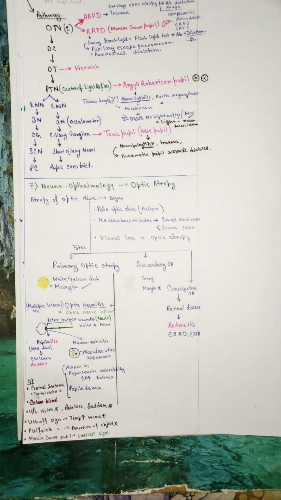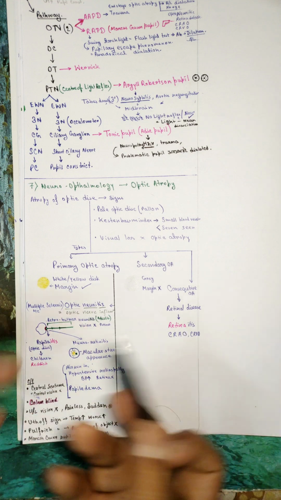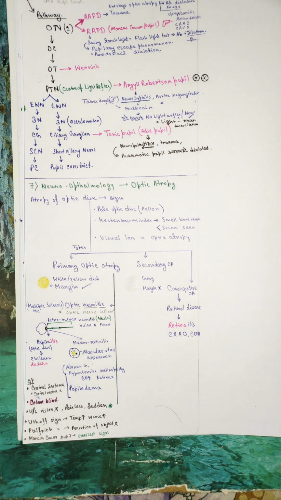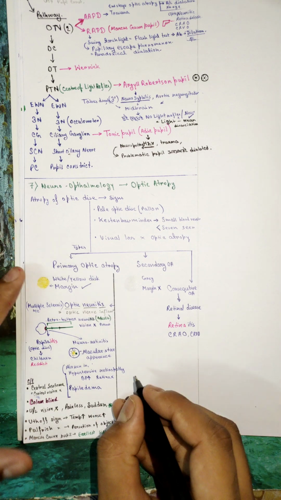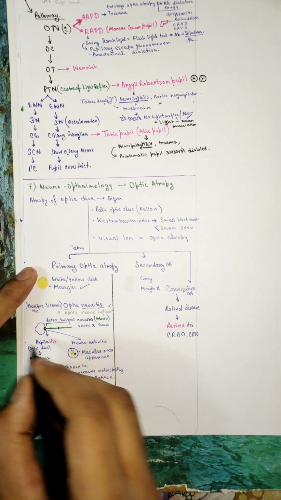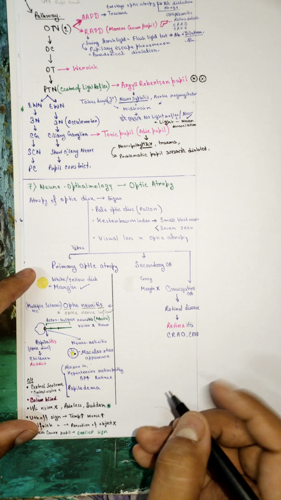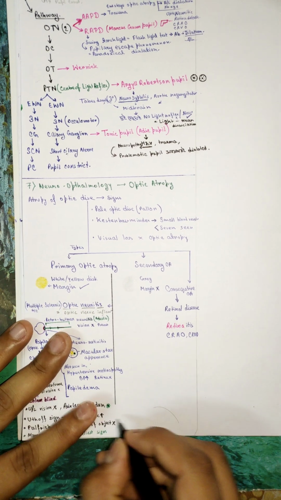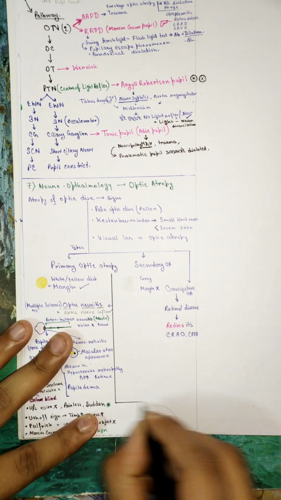Now comes the treatment. Treatment is obviously, it is most commonly seen in multiple sclerosis. So multiple sclerosis has a very simple treatment regime. There's very little space in here.